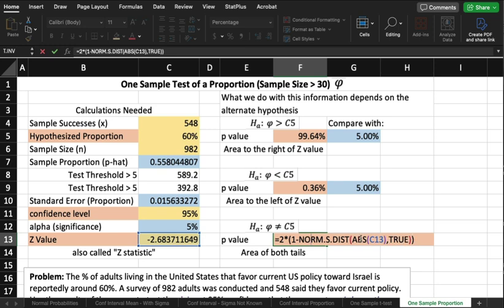So there are 3 pairs of parentheses here: a pair around the entire thing that's getting multiplied by 2, a pair for the norm.s.dist function, and a pair for the absolute value, because we have to take the absolute value of our z statistic.